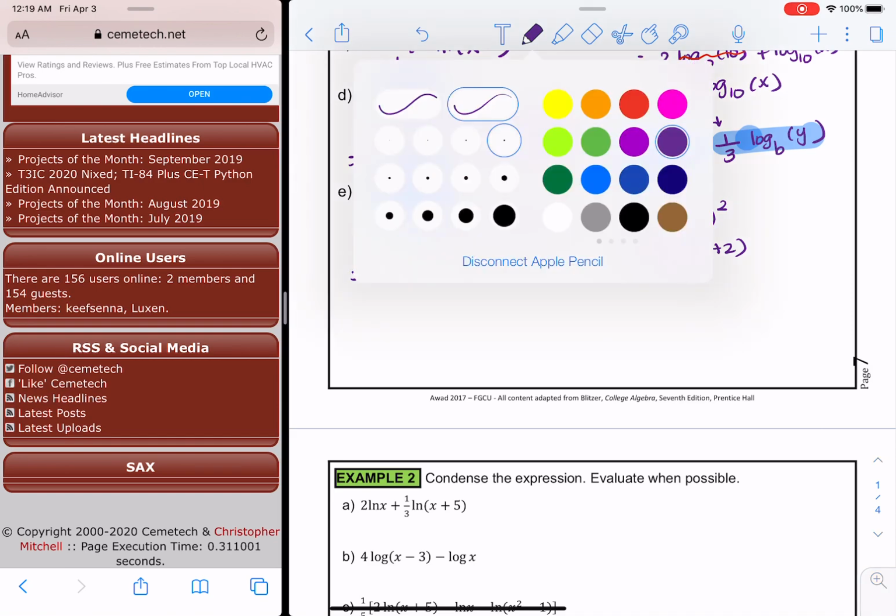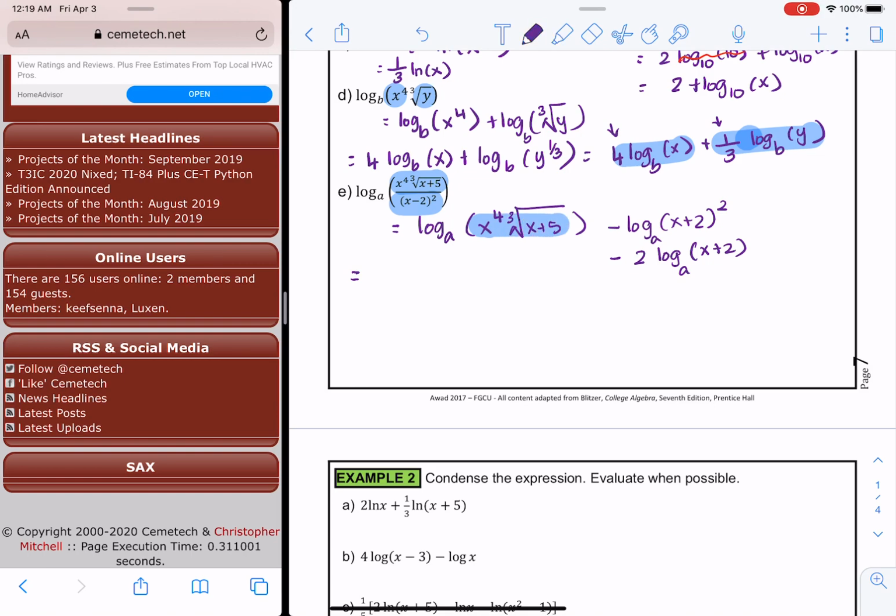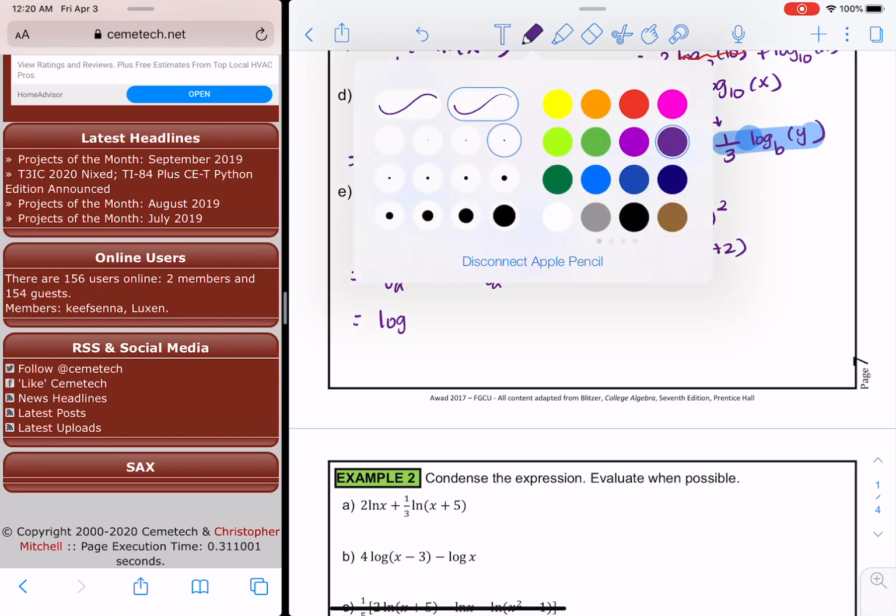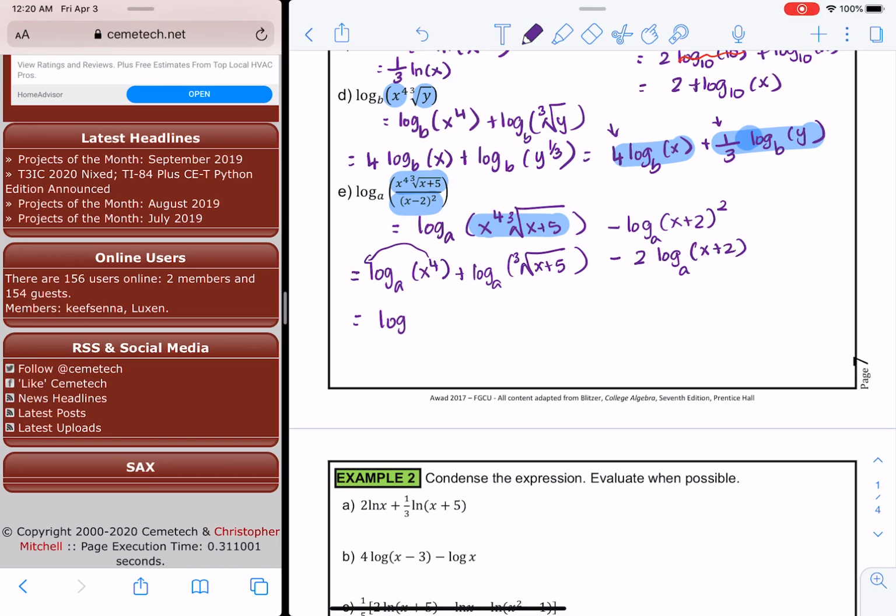In the first term, we have a product. So we could split it up and write it as log base a of x raised to the 4, plus log base a of the third root of x plus 5. The power would come to the front, so we have 4 log base a of x, plus log base a of the third root of x plus 5, which I could rewrite as x plus 5 raised to 1 over 3, minus 2 times log base a of x plus 2.